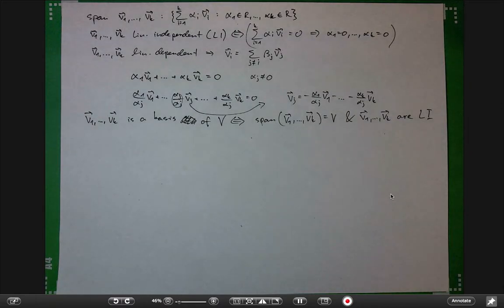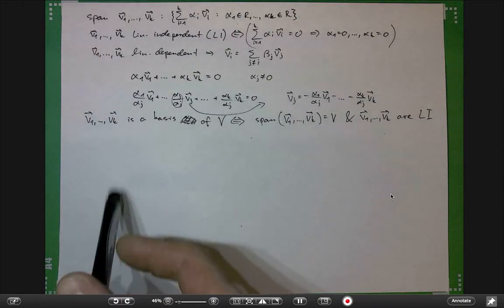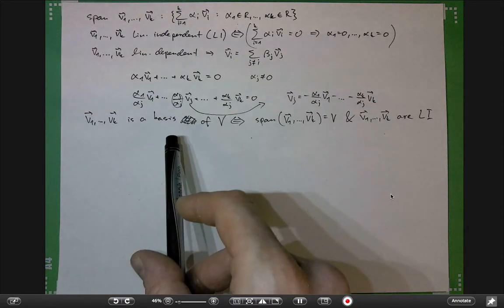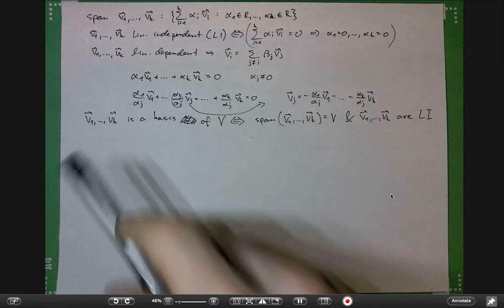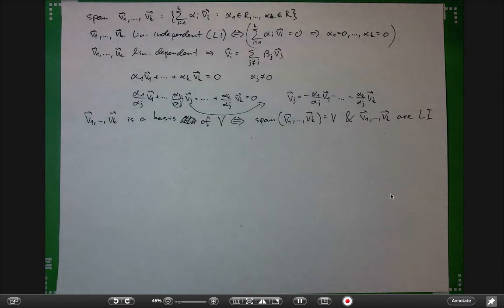Because there was this theorem, or lemma, which says that every basis has the same number of vectors. So in any vector space or subspace, you can have a bunch of different bases, right? There is no shortage of bases in linear spaces. And every basis can be different, right? We talked about the standard basis.